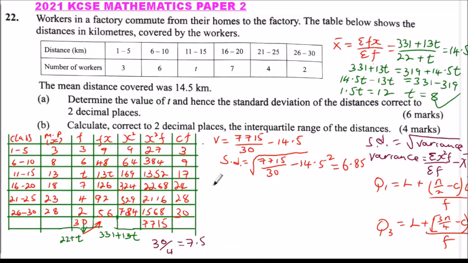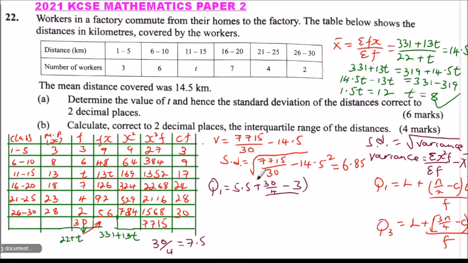So once you understand that, Q1 is equal to the lower class limit of 6 to 10, which is 5.5, plus we have n is 30, you divide by 4, that is 30 divided by 4 minus the cumulative frequency above that class, which is 3.